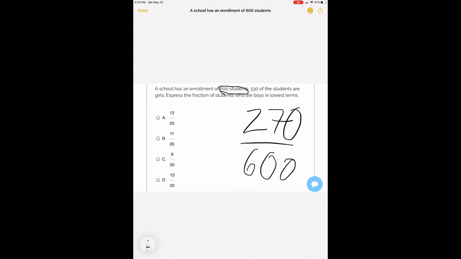Okay, this is the answer, guys. 270 over 600, but it's not correct at all, okay? Because it's asking us for the lowest terms.